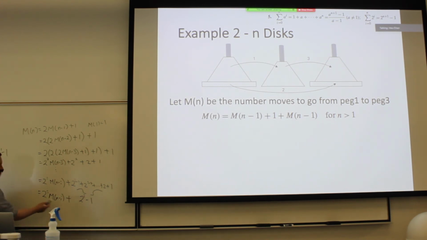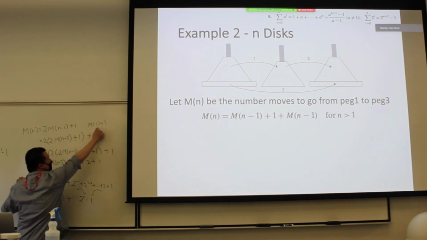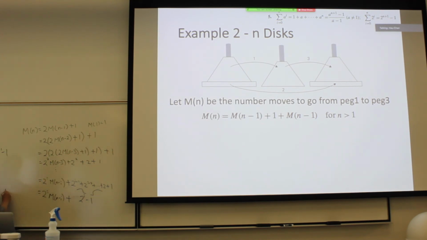So now we're going to substitute in the base case. The base case is 1. So we're going to let i be n minus 1 so that we get the base case here. When you substitute in the base case, you have 2 to the n minus 1, times 1, because when you do minus i, this term cancels out and you have 1 of those. Plus 2 to the n minus 1 minus 1.